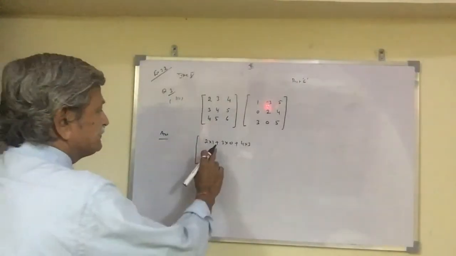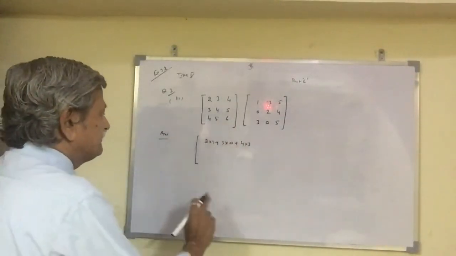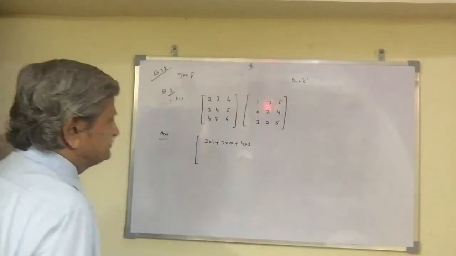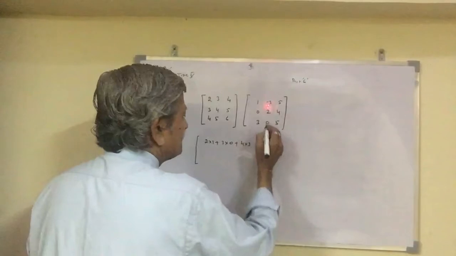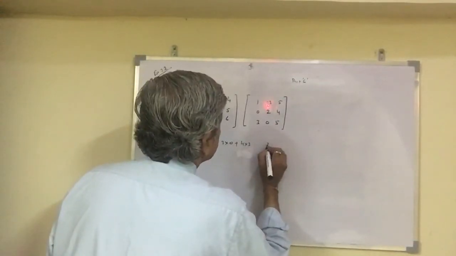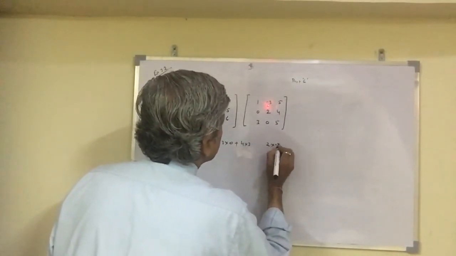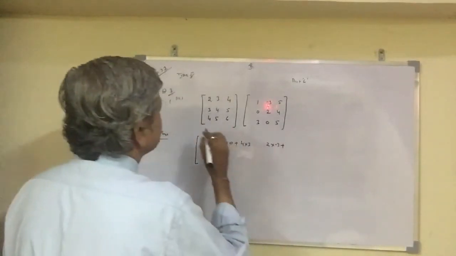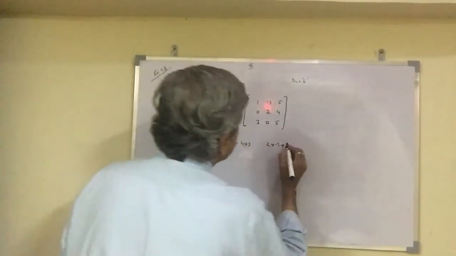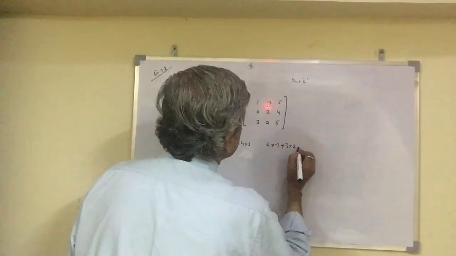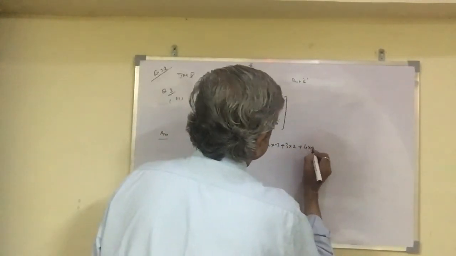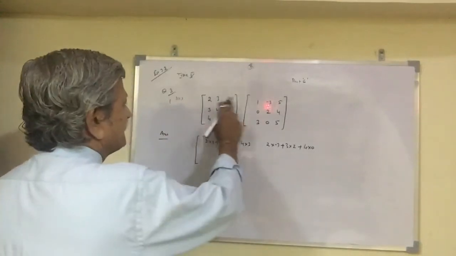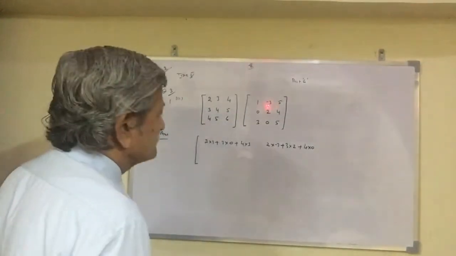So this is your A11 element after multiplying, right? Then you have first row with second column: 2 into minus 3 plus 3 into 2 plus 4 into 0.